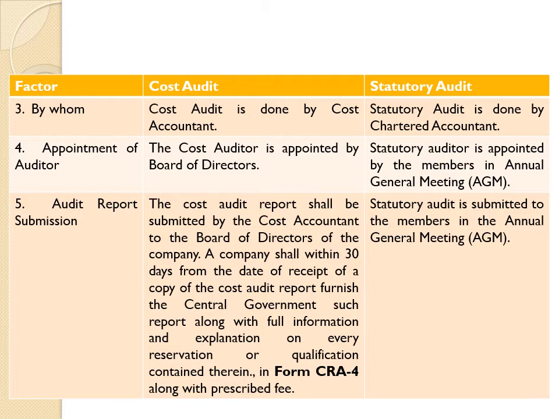A company shall, within 30 days from the date of receipt of a copy of the cost audit report, furnish the central government such report along with full information and explanation on every reservation or qualification contained therein, in Form CRA-4 along with the prescribed fee. It means that the audit report is submitted to the board of directors as well as to the central government.